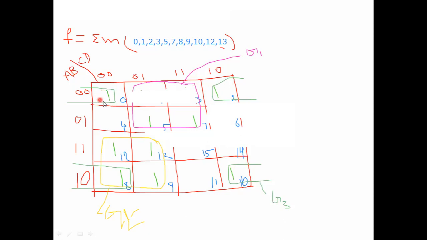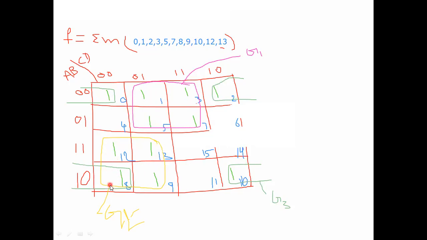Is this 4 ones belongs to one group? First row. Next, is this 4 ones belongs to one group? Okay, 2 groups. Next, is this 4 ones belongs to one group? Okay, 3 groups. Next, what about these 2 ones?